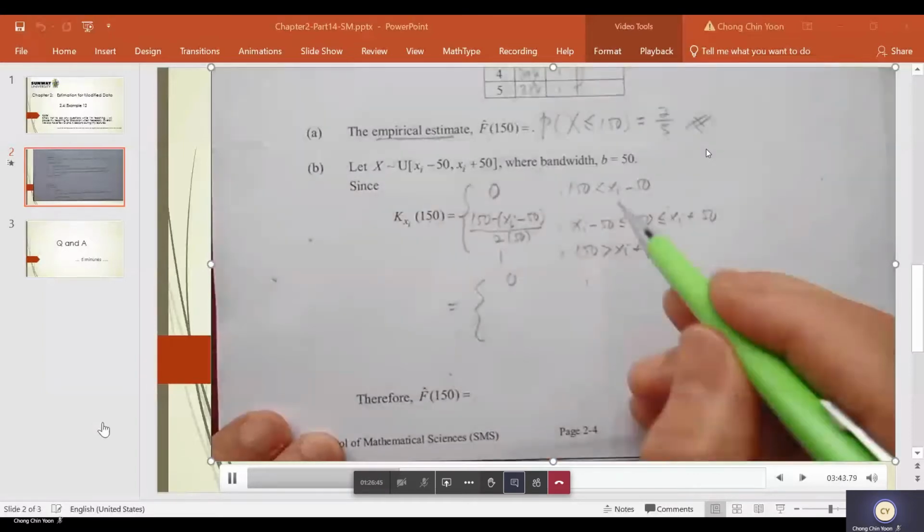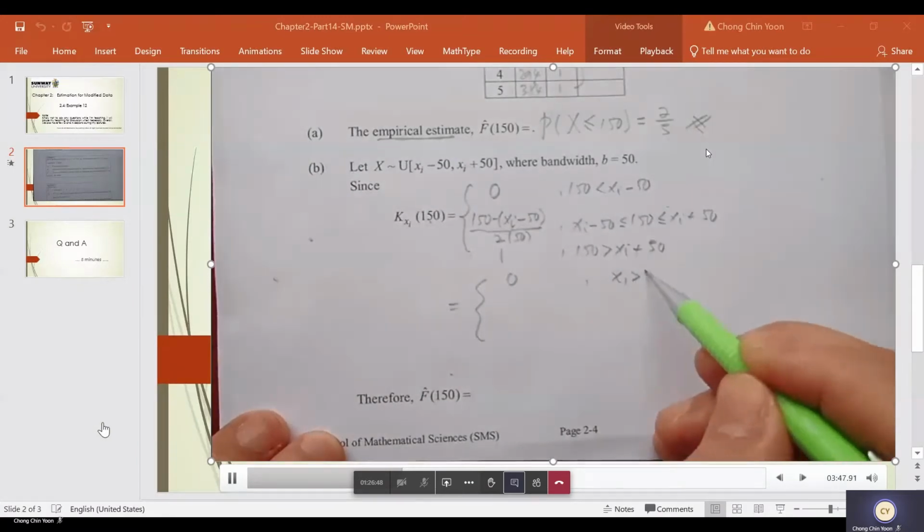Next I'm going to rearrange this piecewise function, so that xi is always greater than 200.